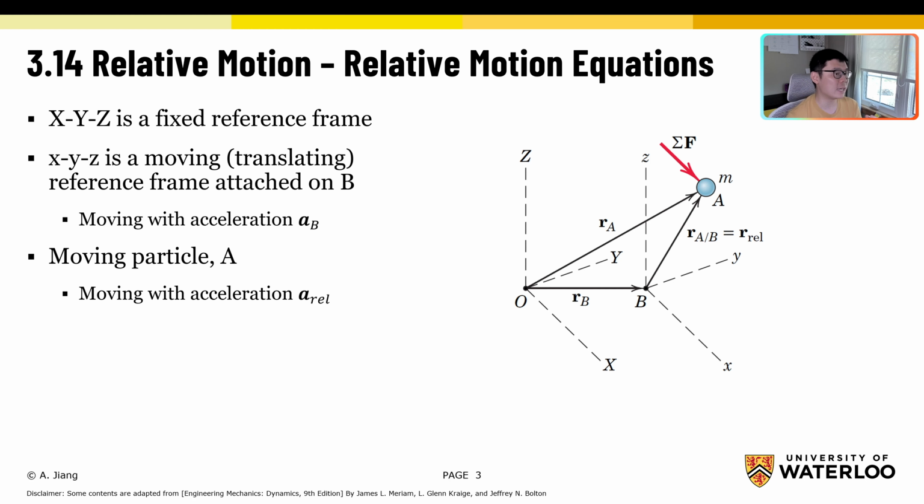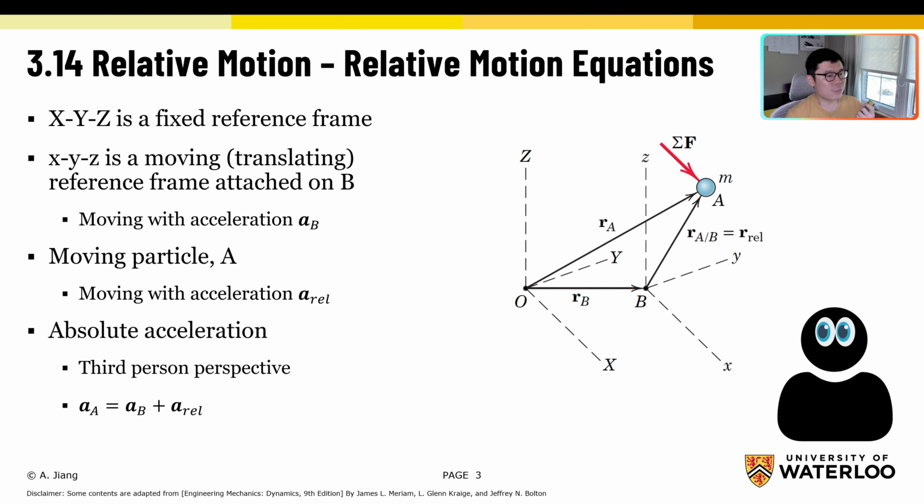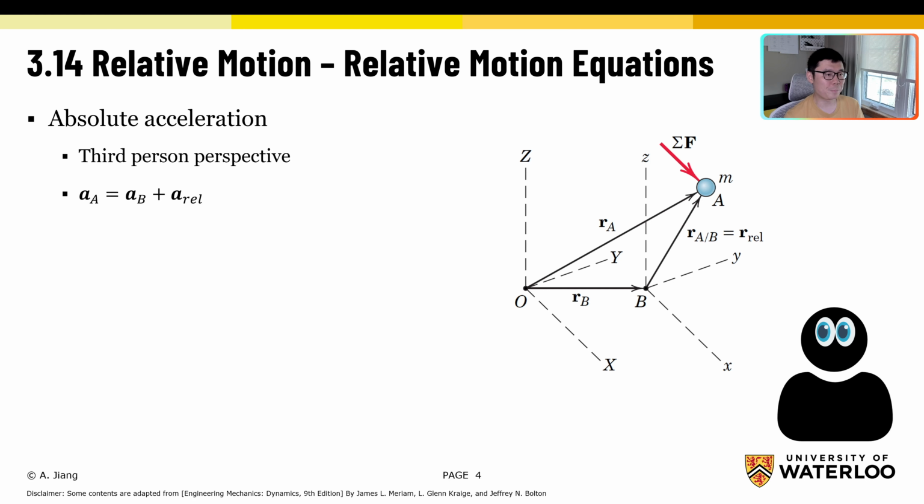We call this A relative, or A_rel, where rel means relative. From a third-person perspective, if he or she wants to get the absolute acceleration of A, then we can use the equation: acceleration of A equals acceleration of B plus the relative acceleration. Okay, this is the equation we know.